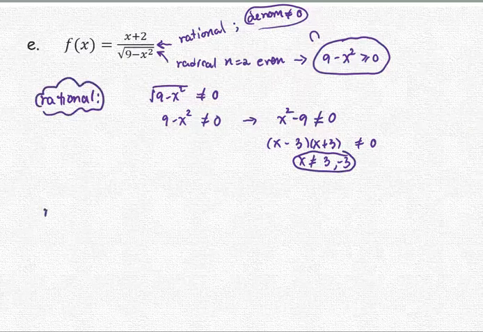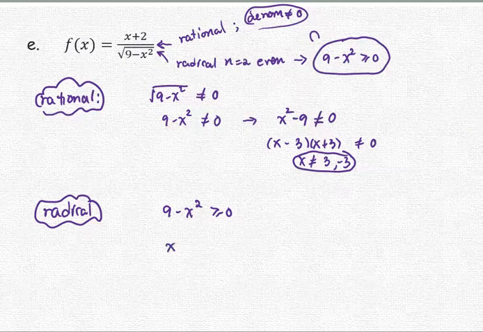And the next restriction, or the radical function form, sorry. So then the radicand, which is expression 9 minus x squared, greater than or equal to 0. We use a similar technique by writing in a convenient way, x squared minus 9 less than or equal to 0.